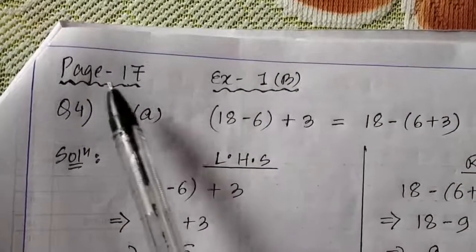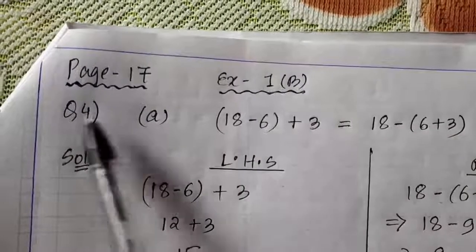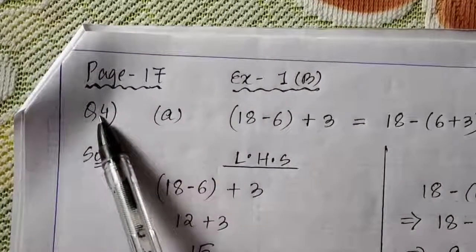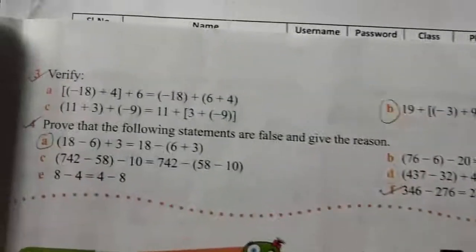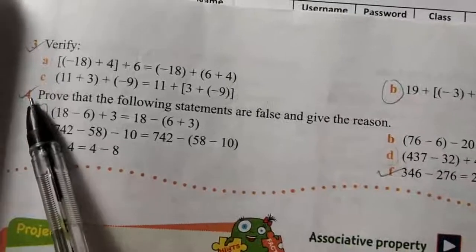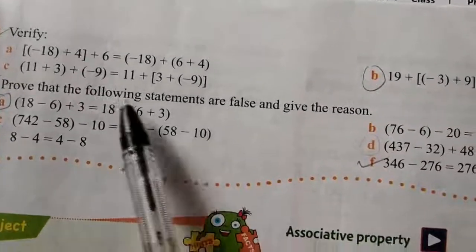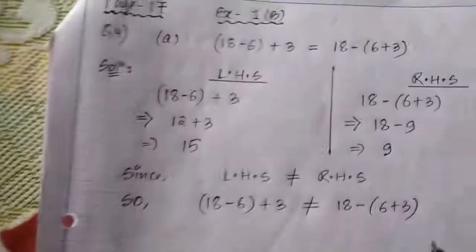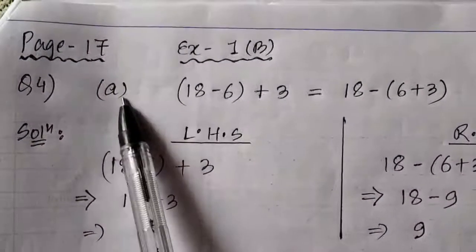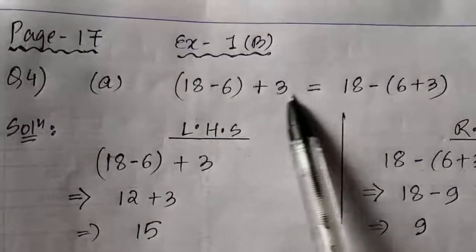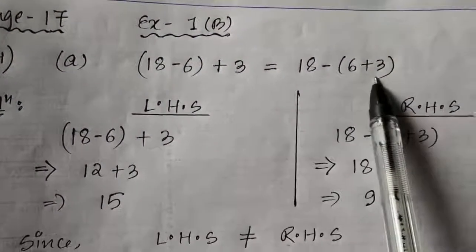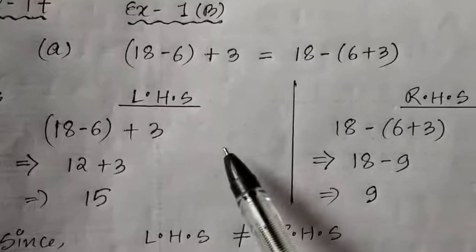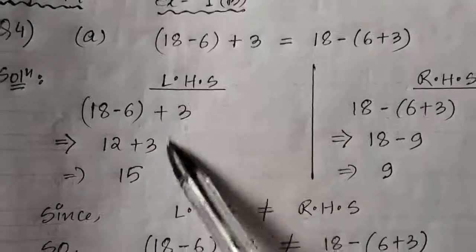For that I have taken one exercise question, exercise 1b, page number 17, question number 4, part A. Here you have to prove that the following statements are false, and give the reason why they are false. We have to prove that this statement is not equal, they are not equal, they are false, and we will show why by showing the process.